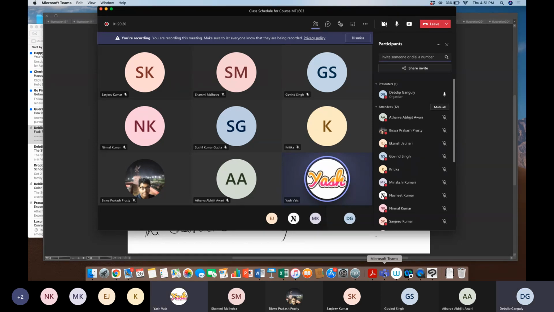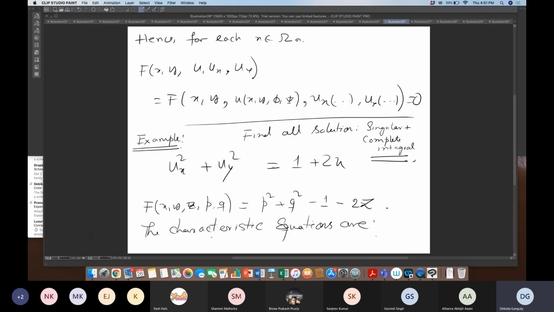No, actually, these two are distinct solutions, the complete integral and the singular integral. Somehow you have to classify the whole family, to see all possible solutions to the PDE. You understand? If you don't understand, you don't have to bother much about this.